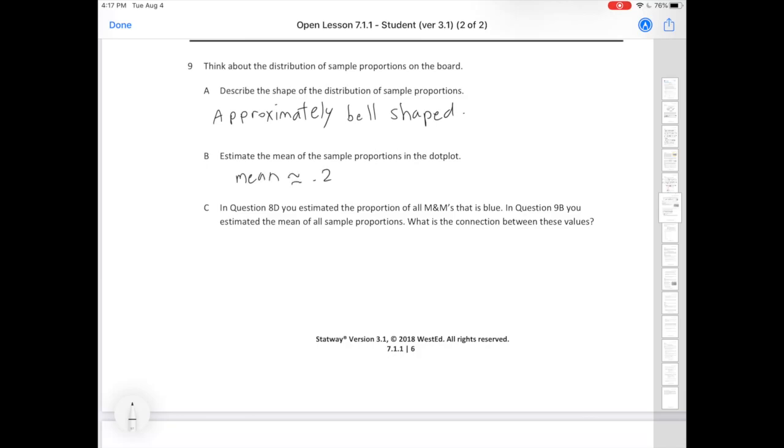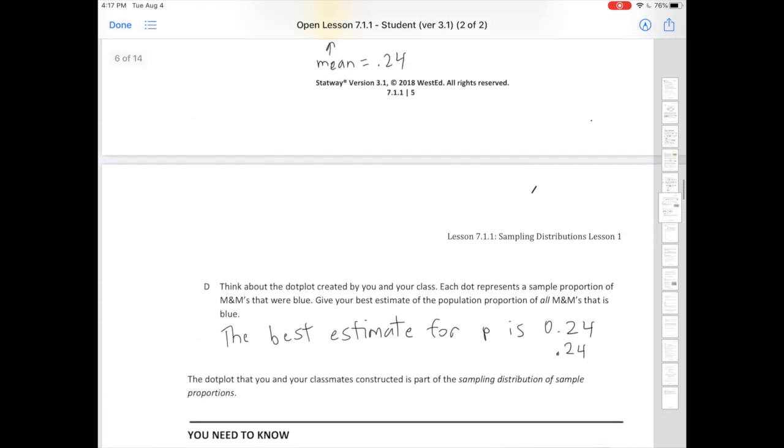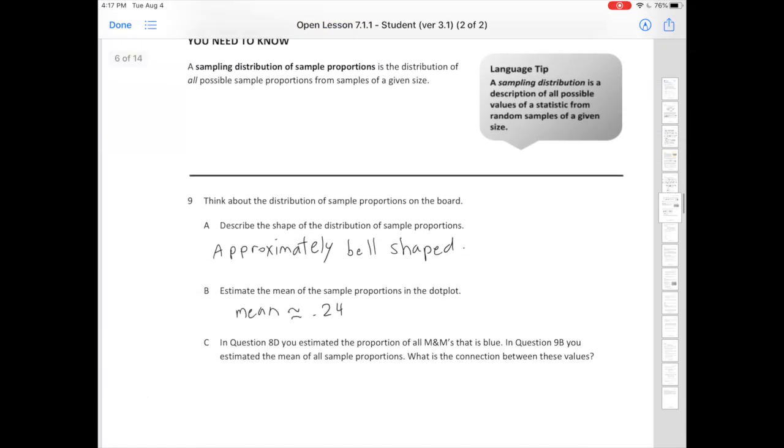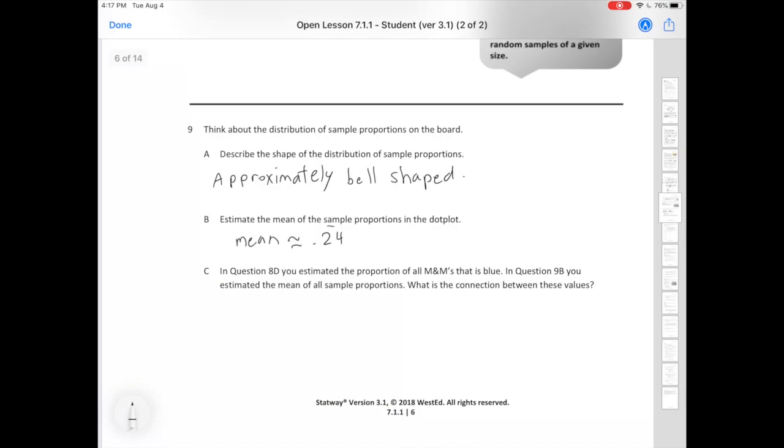I'll say the mean is about 0.24. What do we notice about these two numbers? In 8D, we thought about what the real answer would be for the M&Ms, and we guessed 0.24. And now, when they asked us for the mean, we also got 0.24. So the point is that these are the same.